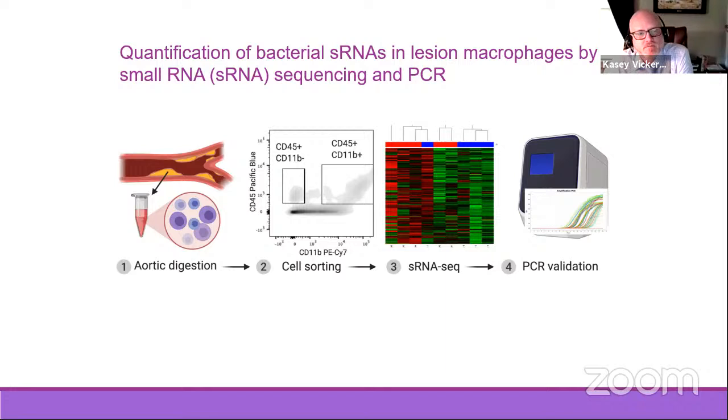That was a big step for us. So we generated atherosclerosis in ApoE mice, high-fat diet, over, I believe, a short time point of 4 weeks. We isolated cells out of the lesion through FACS, and then we isolated RNA and did sequencing and confirmed by PCR.